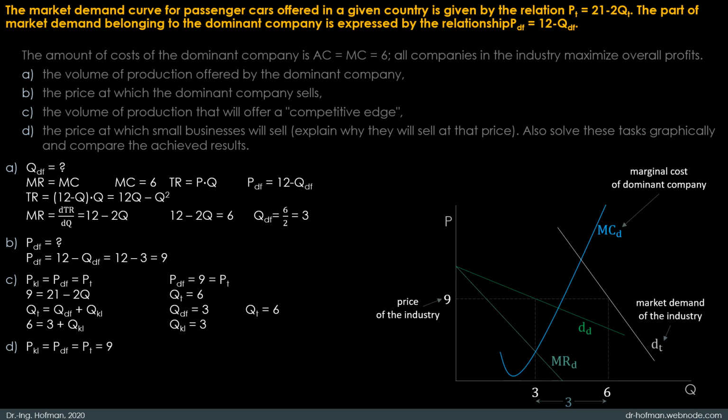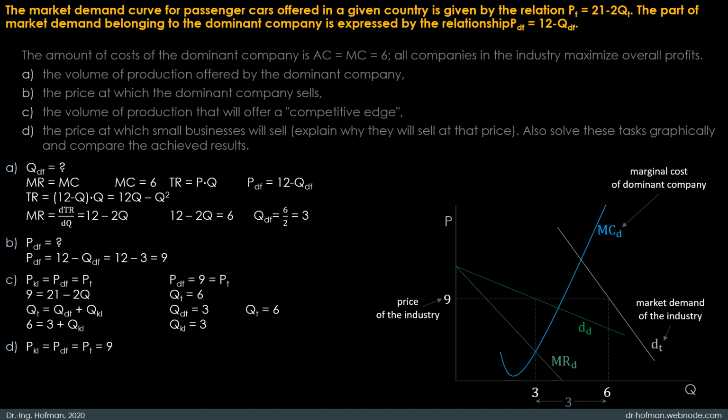When you use that this marginal revenue 12 minus 2Q on the left equals marginal cost, which was given as 6 on the right, you can easily calculate Q. QDF for the dominant company is then 6 halves, which is 3.